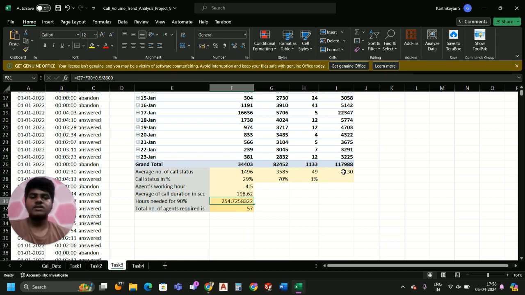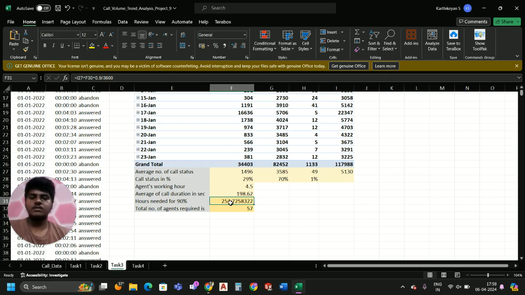I calculated the total number of calls received into this average call duration into 0.9, since I want the rate increased to 90%, divided by 3600. The average duration is all in seconds, so to get hours I divided by 3600. If we want minutes, I can use 60, but I want hours, so I have used 3600.